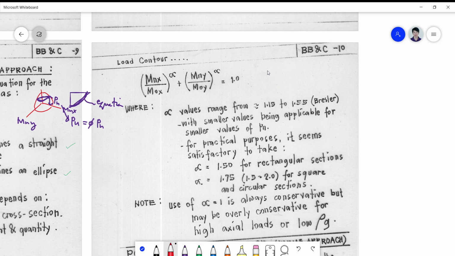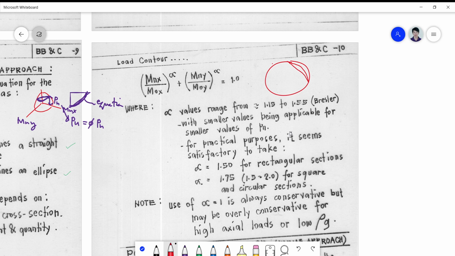Medyo flat siya ng konti. Yung curve mo, hindi siya bilog ganyan, ano? So medyo flat ng konti. Ayan, naka-flat siyang. O kaya, ayan, ganyan siya. Pero hindi din straight line, no? So what Bressler suggests is it's a little curved than a straight line, but it's not as curved as a circle.